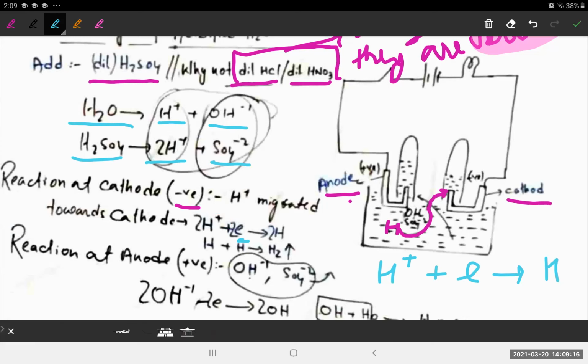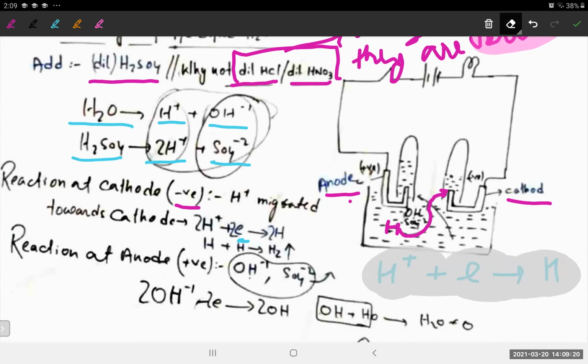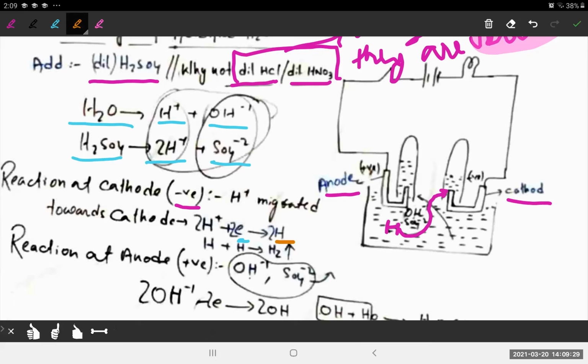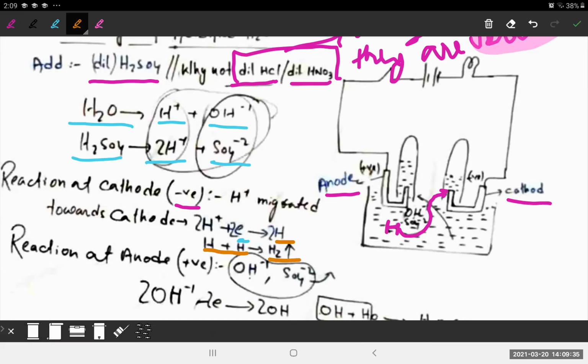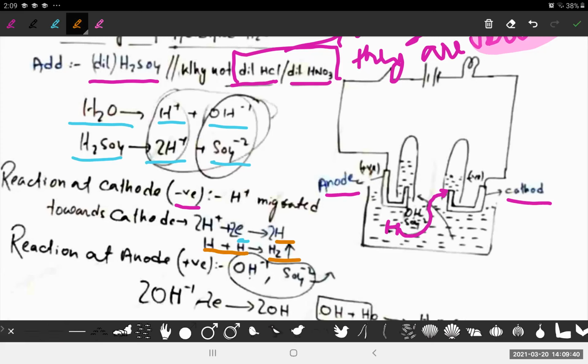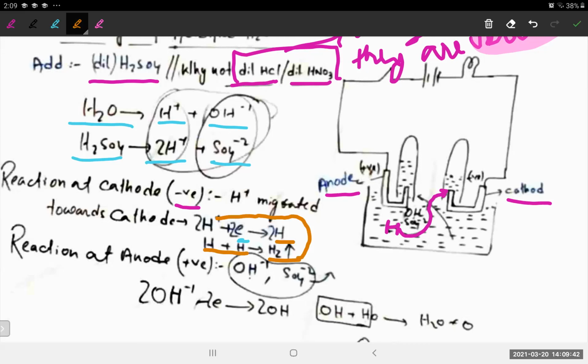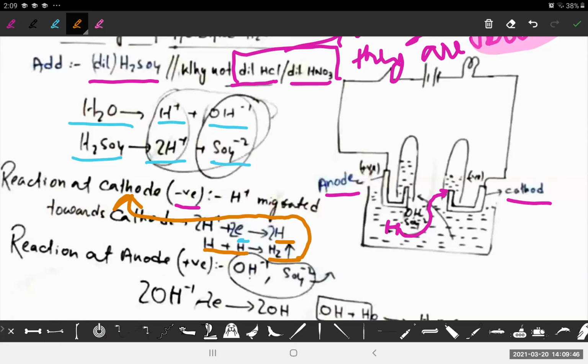Is it clear? I don't need to justify it now. Next, hydrogen cannot stay in the free form like this. It will combine with another hydrogen and form H2, that is hydrogen gas, and it will be evolved. Where will it be released? It will be released at the cathode. Understood? This reaction at the cathode is understood.